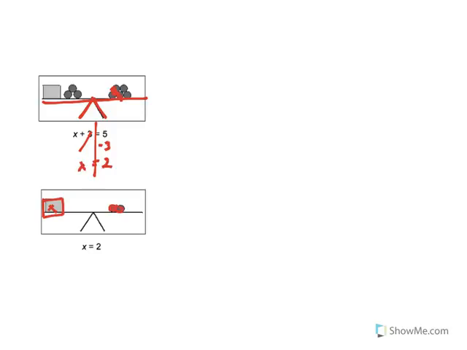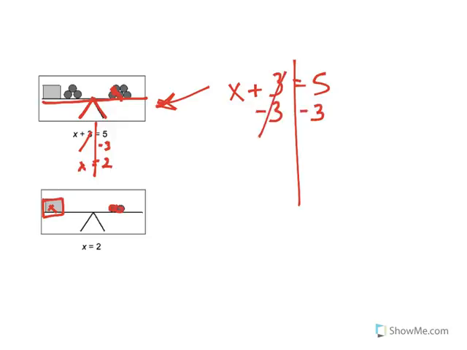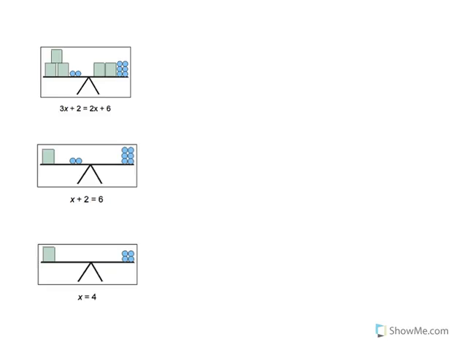Okay? So this is what we're doing in a physical sense when we solve an equation that's written like this. We are moving 3 pieces from here and putting them on the other side of the equation. Let's try one more example. We start here with 3 x's on this side and 2 dots, and 2 x's on this side plus 6 dots.